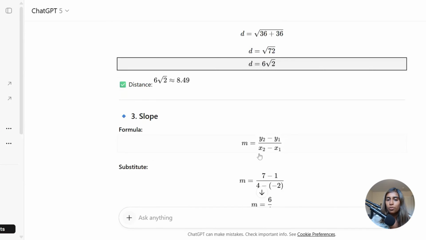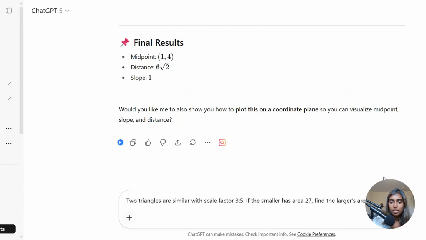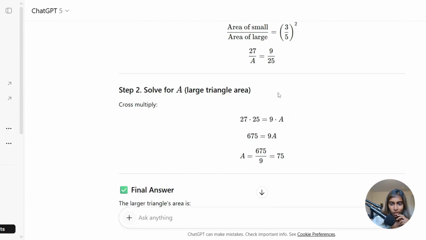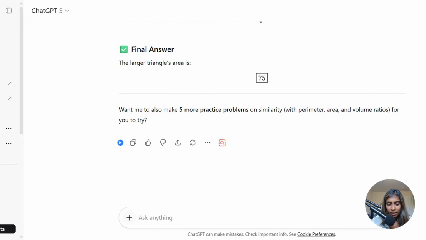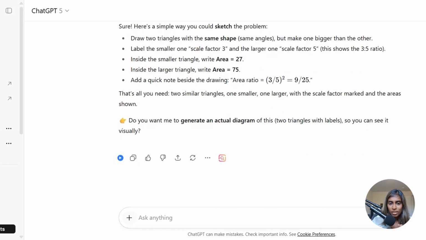Let's try another cool one. Two triangles are similar with a scale factor of that. Find the area. Okay, perfect. Now I will ask it, and the tip here would be to ask it for a quick sketch description. Give me a quick sketch description. So here's a simple way you could sketch it.